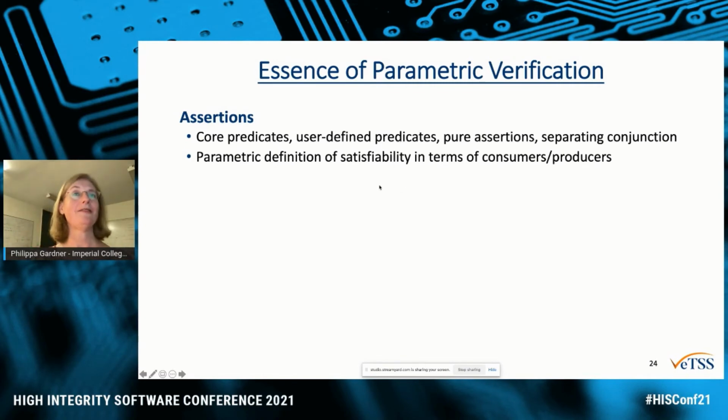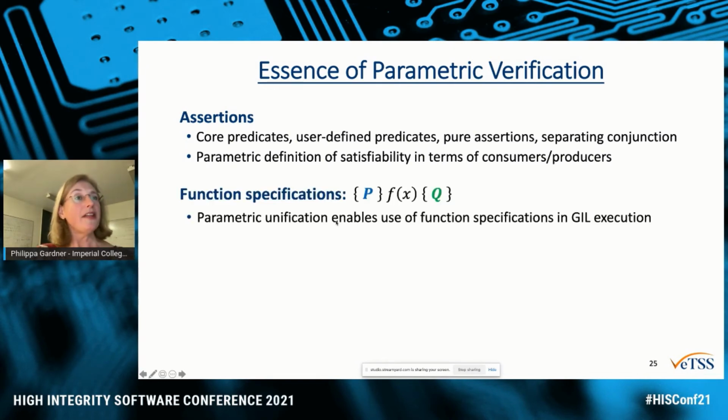And we have this parametric definition of satisfiability in terms of producers and consumers. And what that does, it gives us a parametric way of handling function specifications, which is the key for compositionality of sequential separation logic.